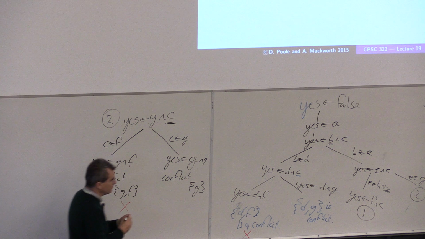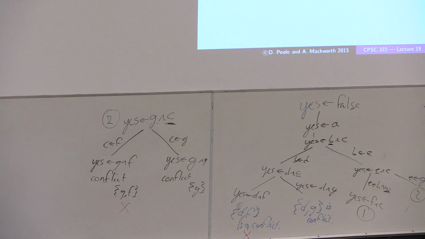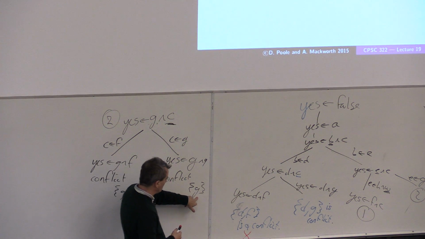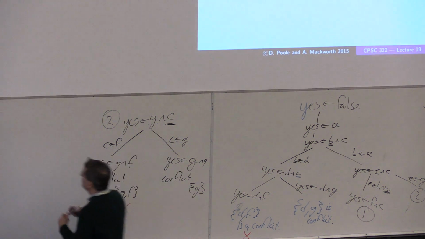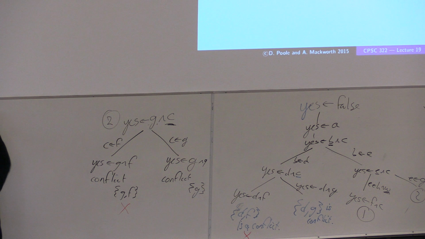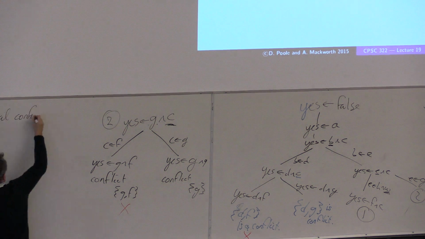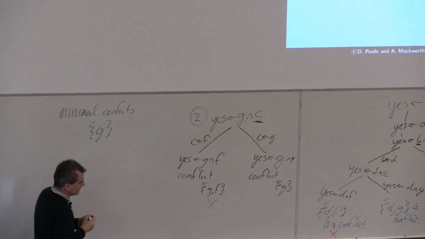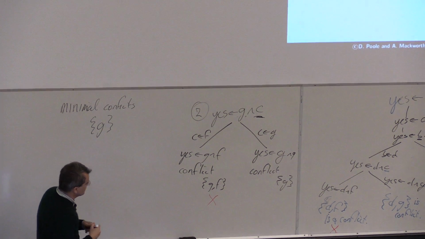So what are the minimal conflicts here? So we're going to look through all these conflicts and just choose the minimal ones. So G is minimal. So the minimal conflicts are just G. What else is there? Just F.